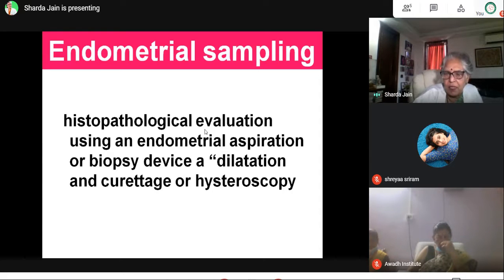Atypical glandular cells. The glandular cells can come from the cervix as well as from the endometrial cavity. So there again you need to do endometrial sampling, and I will tell you exactly how, in a very simple way, you can do an endometrial sampling when you are doing a colposcopy.